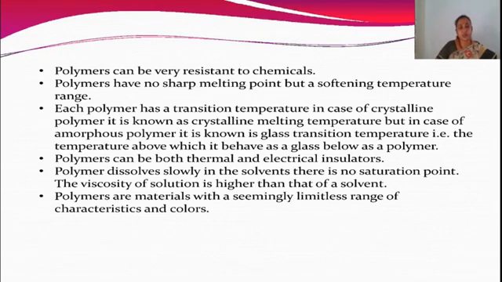Next point, polymers can be both thermal and electrical insulators. Next, polymer dissolves slowly in the solvent. There is no saturation point. Therefore, the viscosity of the solution is higher than that of a solvent.